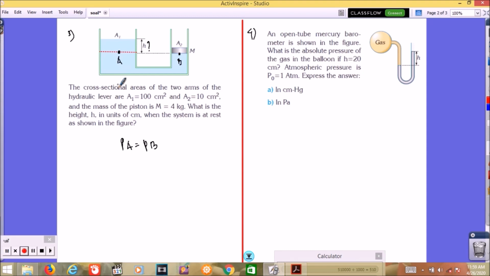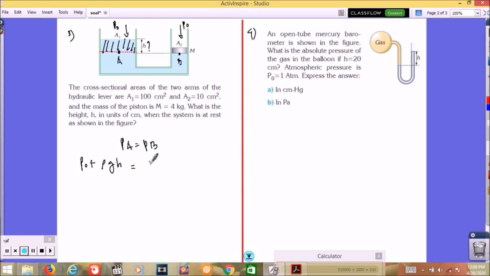When we talk about pressure, we talk about the objects above the system we observe. Above A, there is pressure from this liquid, and pressure from the atmosphere, P0. Here also P0. Above point A there is P0 plus rho g h.